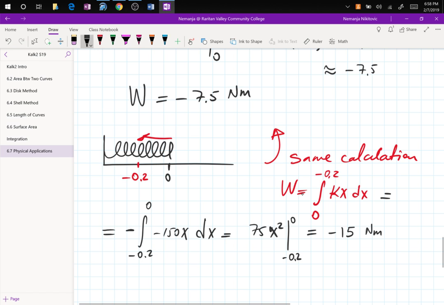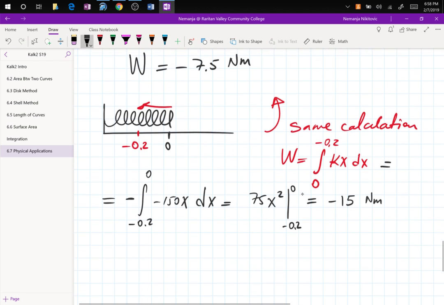When you square your 0.2, you get a positive. Yes, but when I plug in 0 for x squared, I get 0 first, and then minus. Now when I square it, I get the positive. Negative 0.2, well, still it's 0.04, so it's going to be 75 times 0.04. So what is this now?